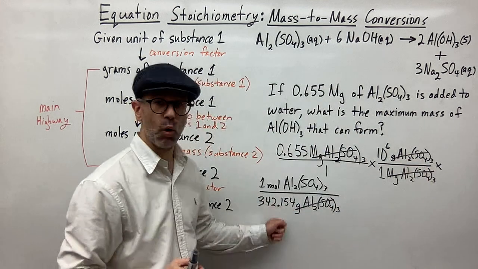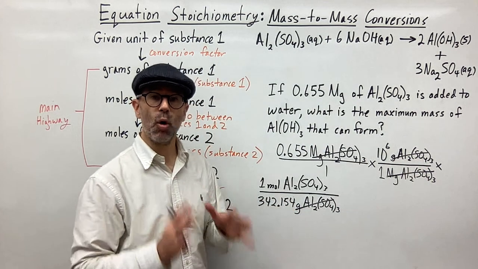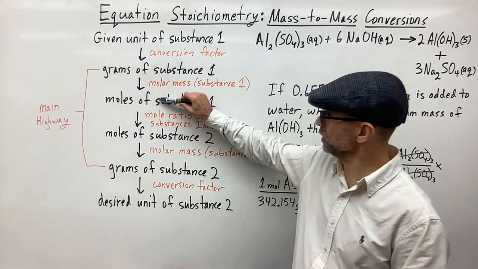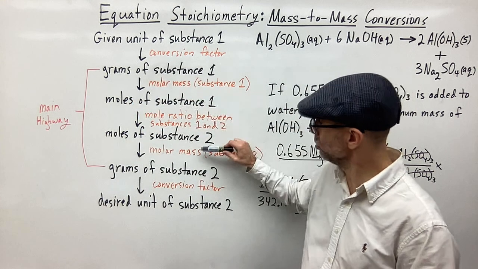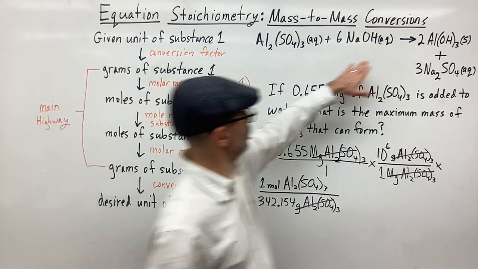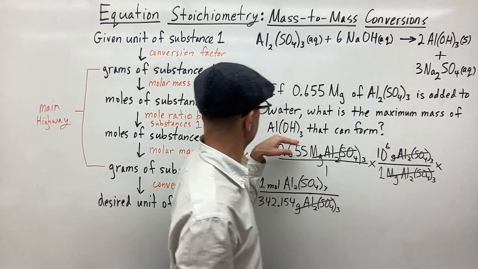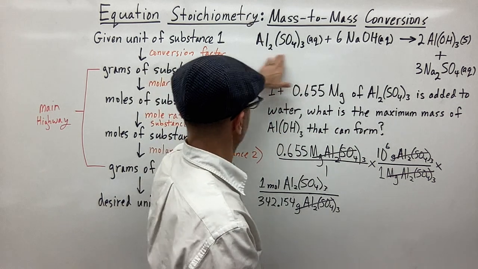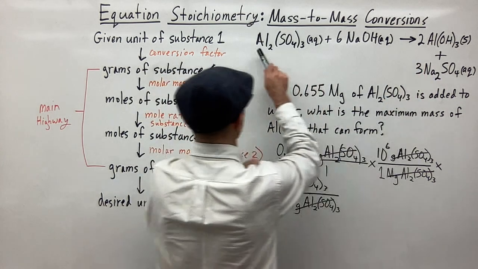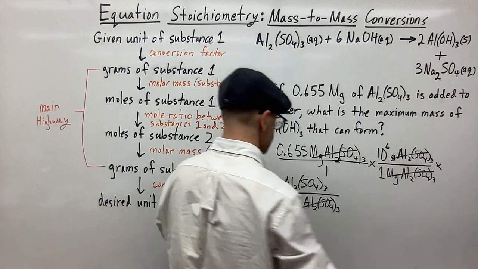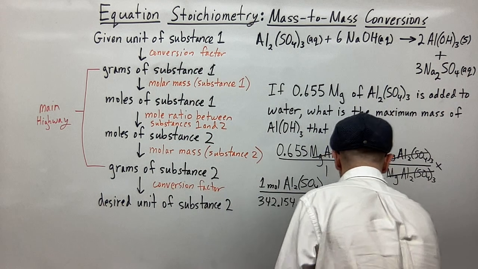Now I have moles. Now I can use the mole ratio in my equation. That's the next step: moles of substance 1 to substance 2. I want to get to aluminum hydroxide, that's what they're asking about. So what's the mole ratio between this substance and this substance? 1 mole of this produces 2 moles of that, so it's 1 to 2.